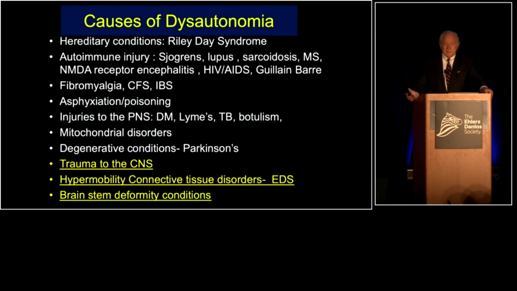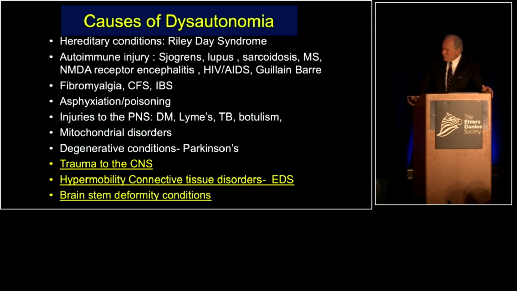Now, there are many causes of dysautonomia, hereditary conditions like Riley-Day, autoimmune conditions, lupus, sarcoid, MS, N-methyl-D-aspartate receptor encephalitis, HIV, Guillain-Barré, fibromyalgia, asphyxiation, injuries to the peripheral nervous system like diabetes or Lyme's, mitochondrial disorders, degenerative conditions.